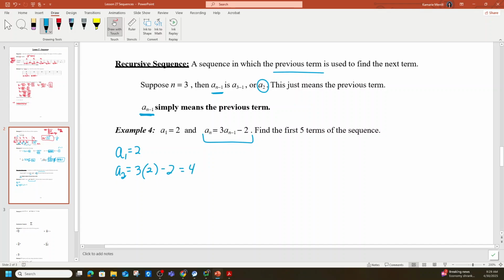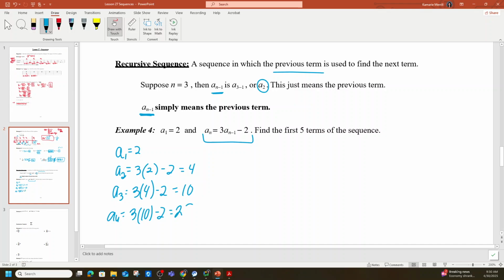What is that, 4? So to find my 3rd term, I take 3 times what? 4, and then minus a 2. To find my 4th term, I would take 3 times my previous, and then minus 2.